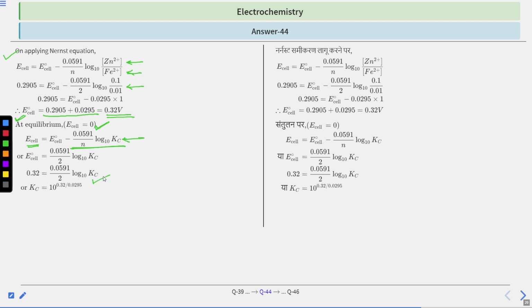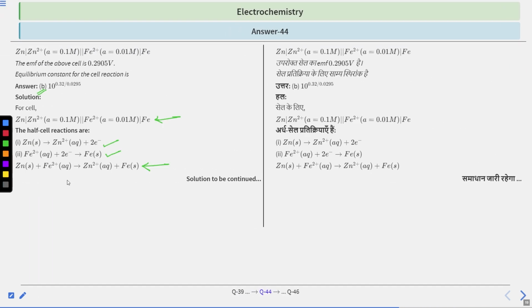From here we can calculate Kc. Kc comes out as 10 to the power 0.32 divided by 0.0295. We convert this equation using the log property. So this is our final answer, and thus option B is the correct answer.